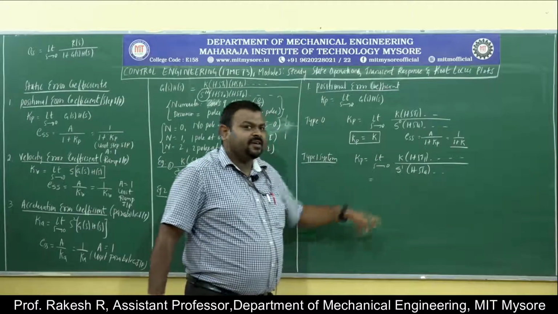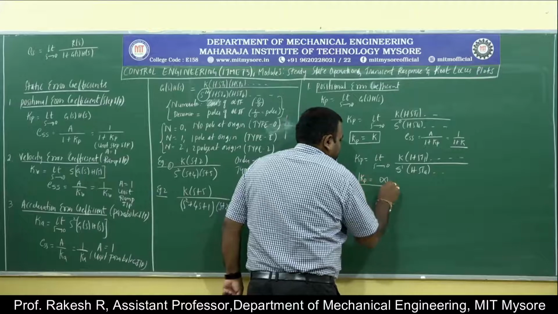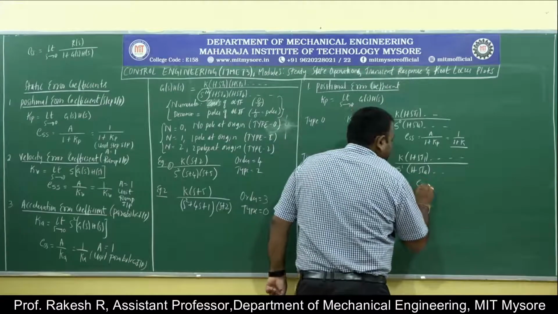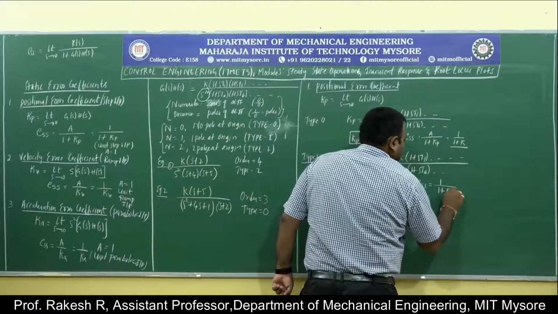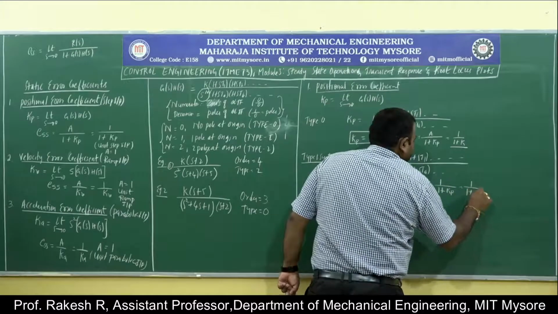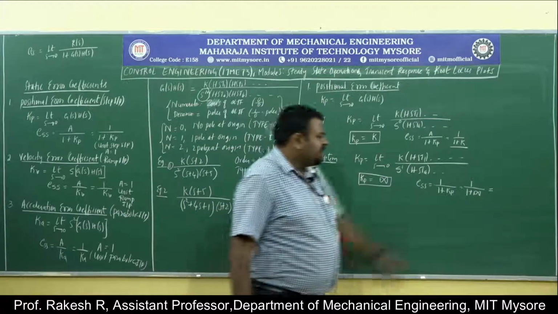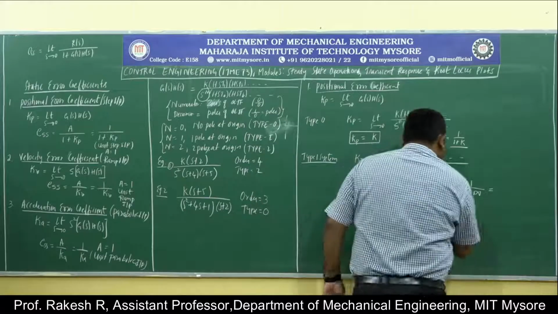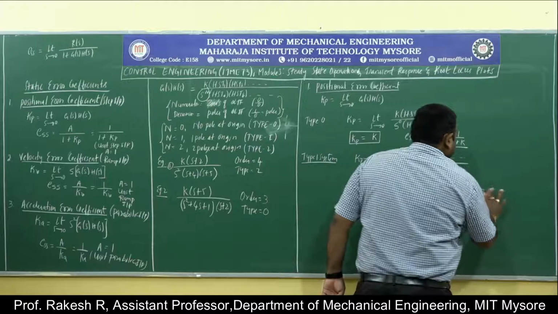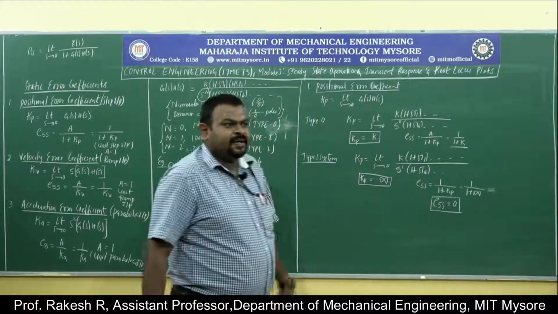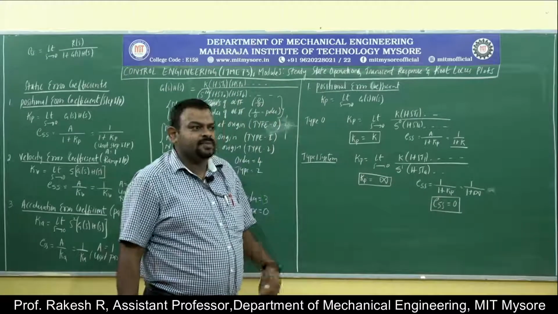Anything by 0 is infinity. You will get the proportionality constant as infinity, then steady state error 1 divided by 1 plus Kp, 1 divided by 1 plus infinity. 1 plus infinity is again an infinity, 1 by infinity is 0. So here steady state error will be equal to 0. That means there is no error here for type 1 system. The steady state error will be 0.